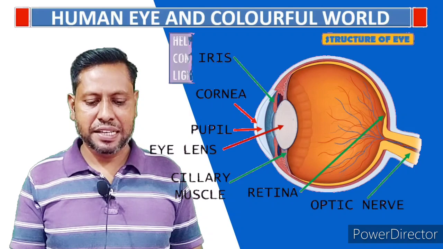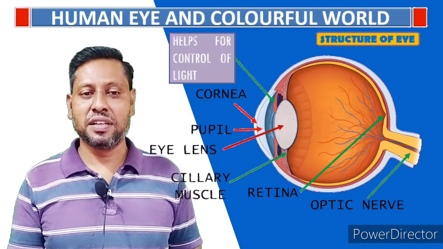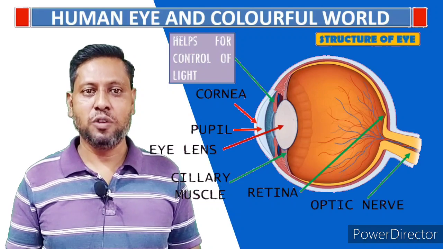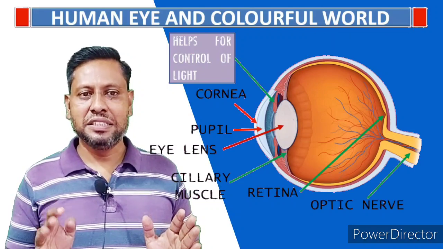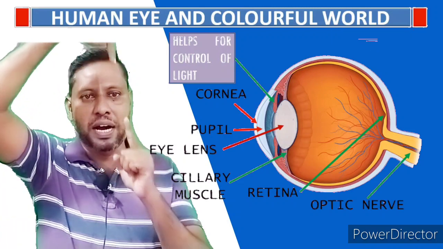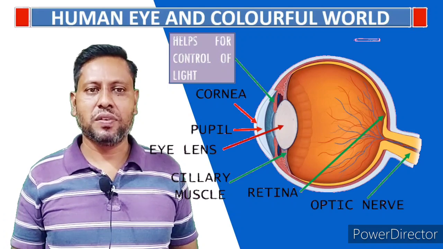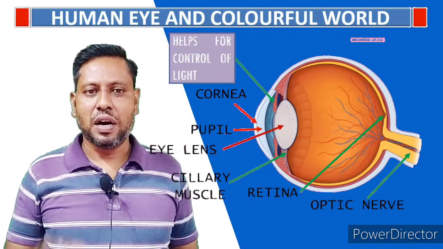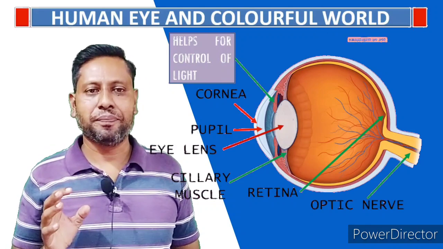The next part is the iris. This part is very important. As I have discussed in the classroom also, if you attended the classes, this iris is just like a shutter in front of our eye lens. Depending upon the light situation or amount of light, our eye decides what amount of light should enter the eye.